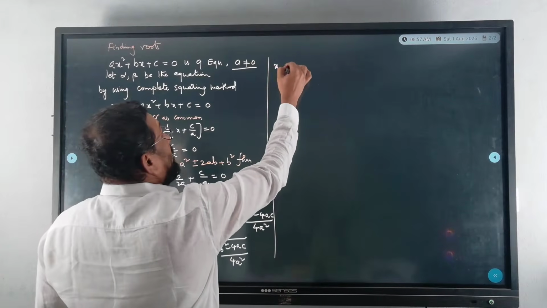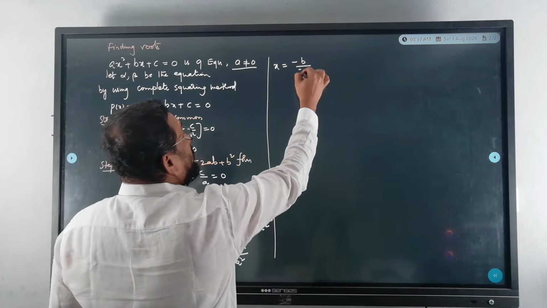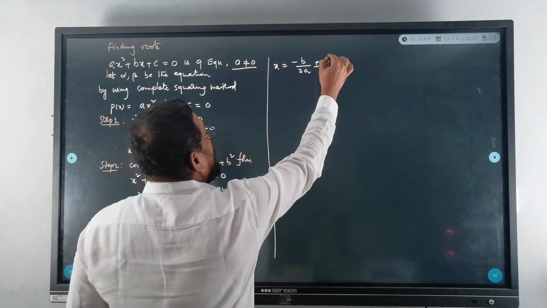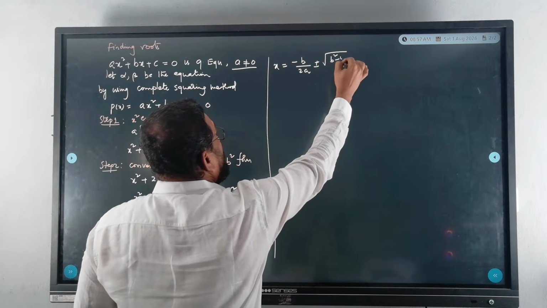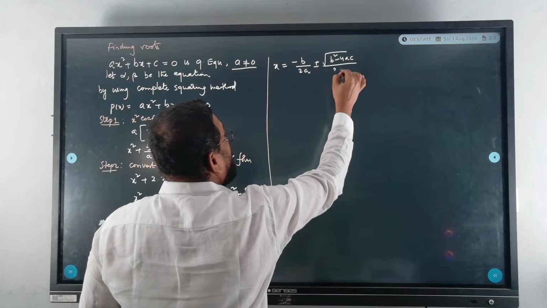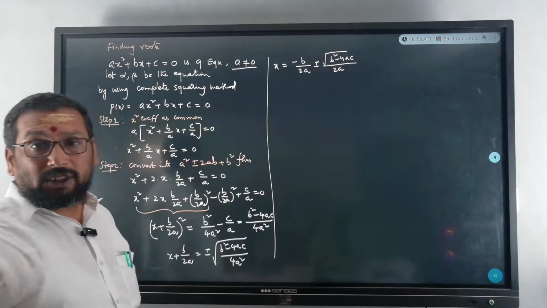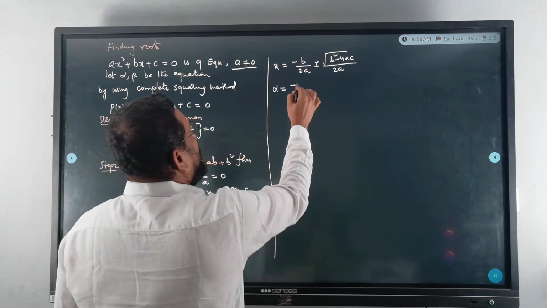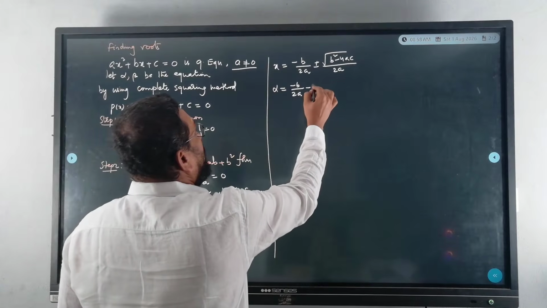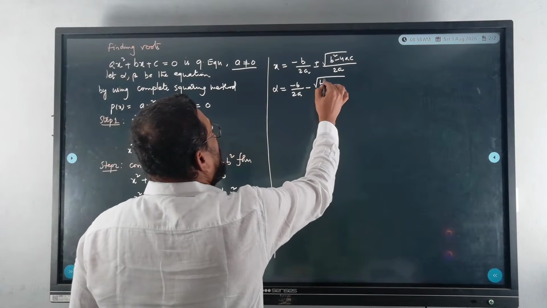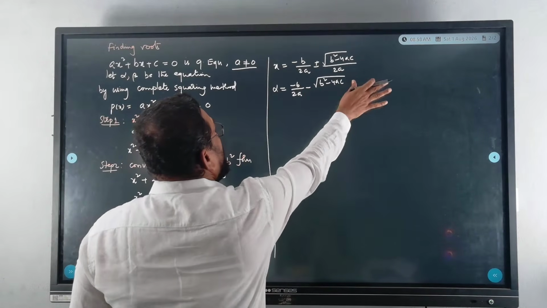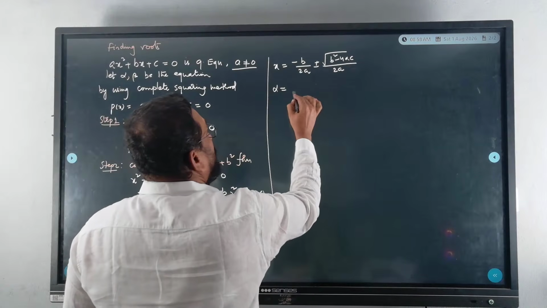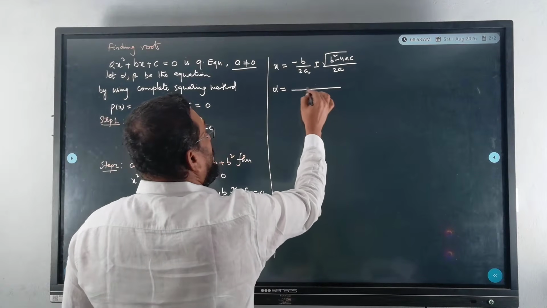So x is equal to minus b by 2a plus or minus root over b square minus 4ac by 2a. Now once with plus and once with minus. So alpha is equal to minus b minus root over b square minus 4ac, if you will observe, same denominator 2a.